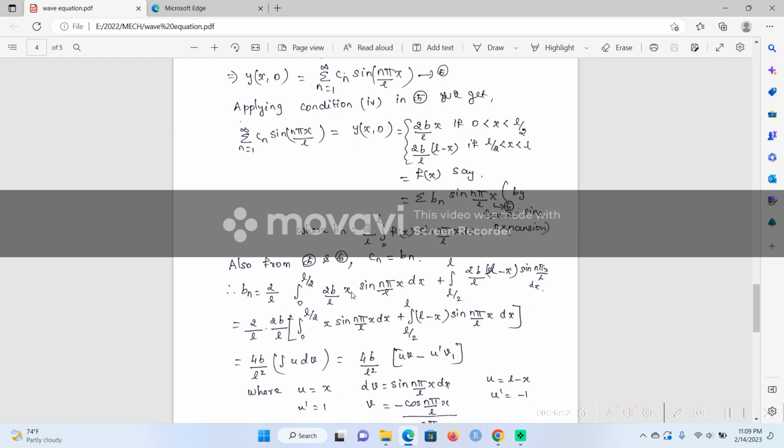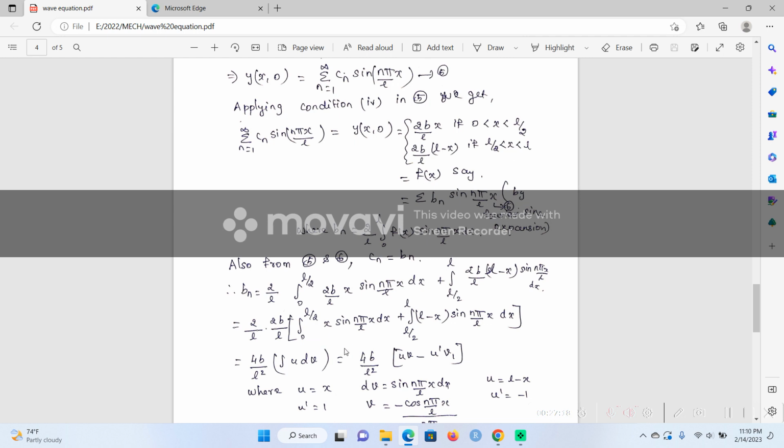Here this is integrated with respect to x. The constant terms, 2b/L, in both integrations, we take outside. So we have 4b/L squared, and this one is integrated using integration by parts.